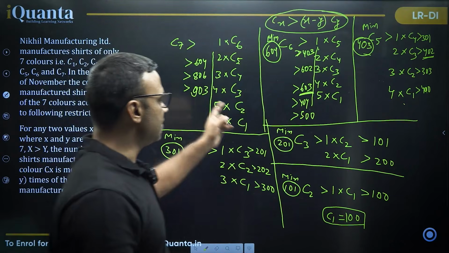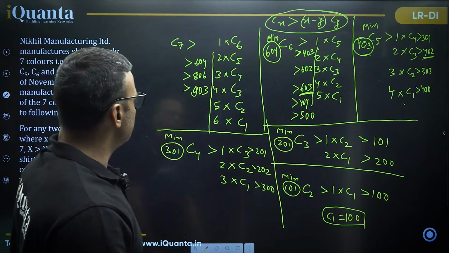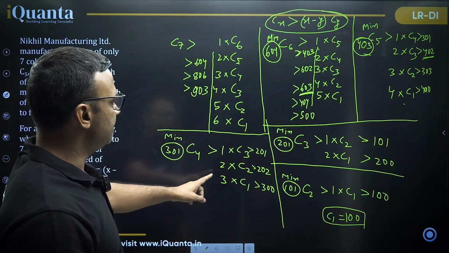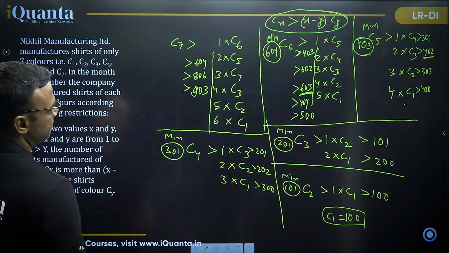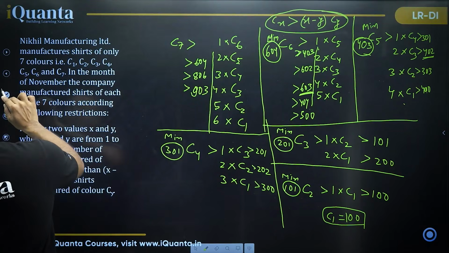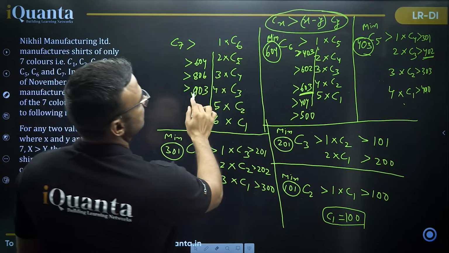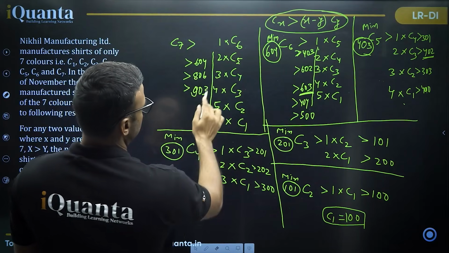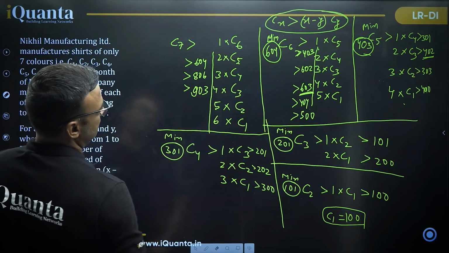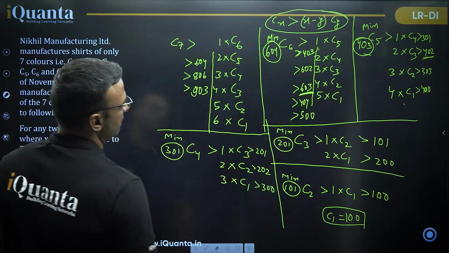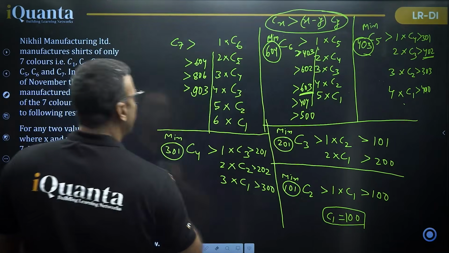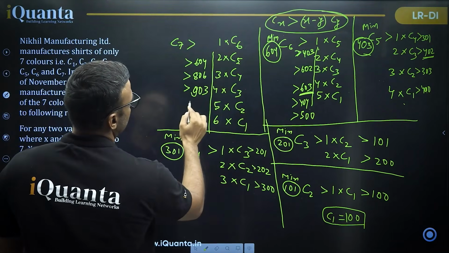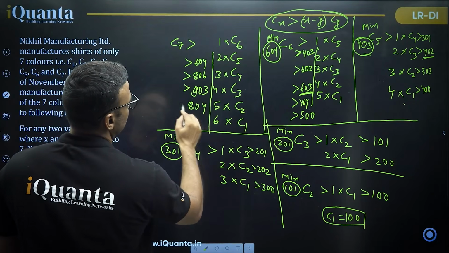Just check it. 5 into C2. Oh, 4 into C3. I have taken it wrong. This is 2 into C5, done. 3 into C4 is 903, correct. 4 into C3, that's correct. 4 into C3 is 804.